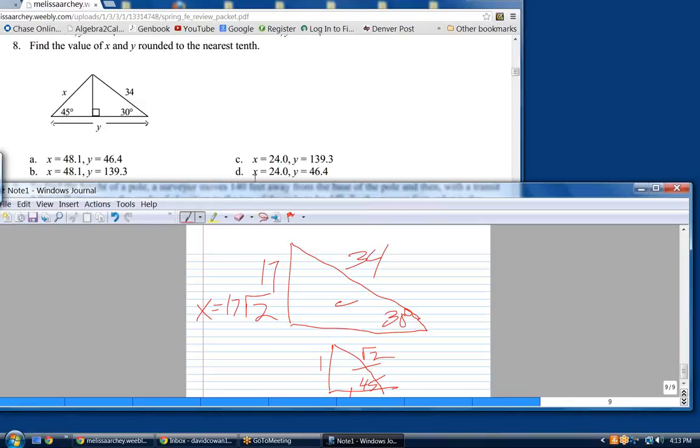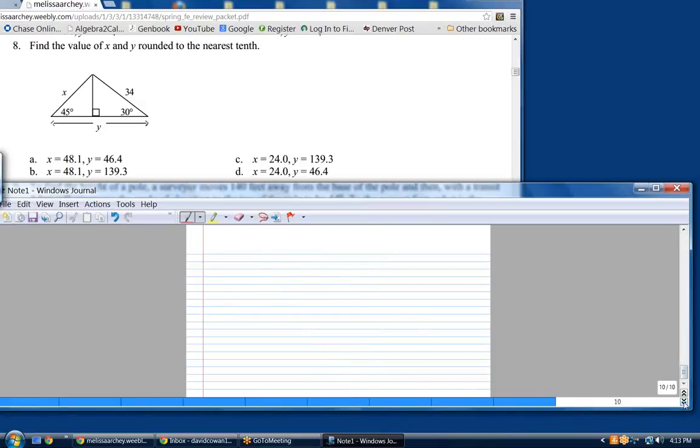Okay, now to figure out why, we have to redraw this picture a little bit. So we know that x is 17 root 2. We know that this is root 7, that's 17. And we know that this is 17 from here to here.